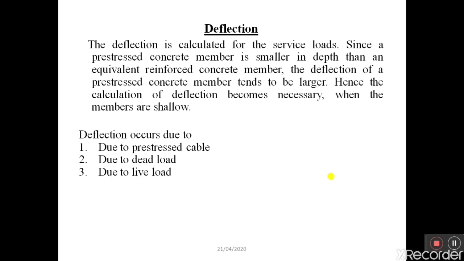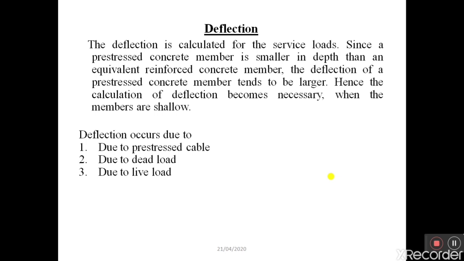For example, if the deflection is in the upward direction, then the deflection limit is span by 300. If the deflection is in the downward direction, then the limit for deflection is L by 250, where L is the span of the beam.